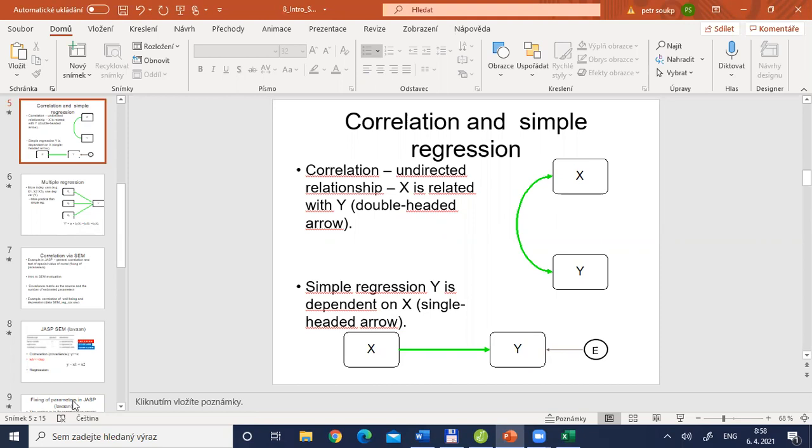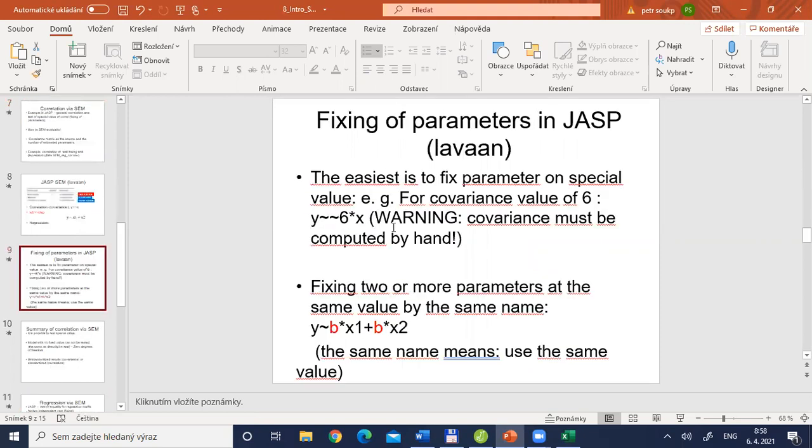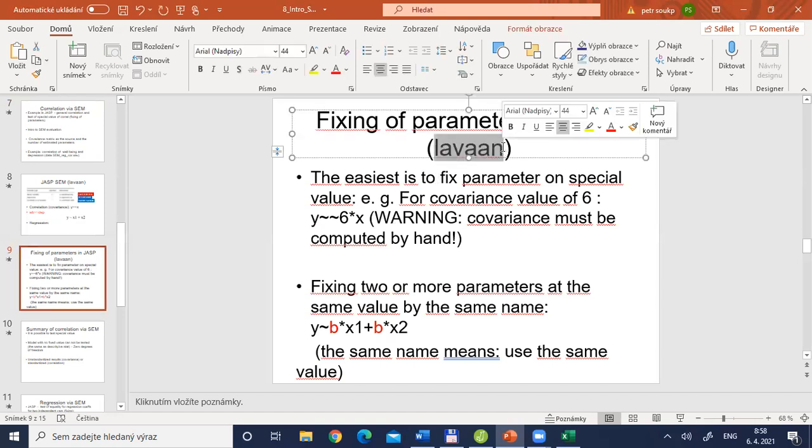So if I go back to slide number 6, here is a description of how technically we can perform such fixing in JASP or through the lavaan language, which is implemented in JASP.